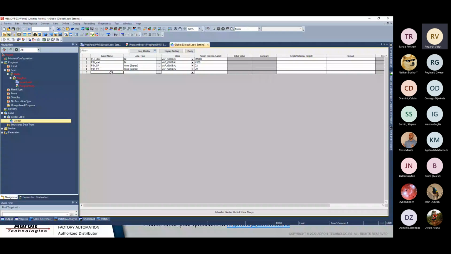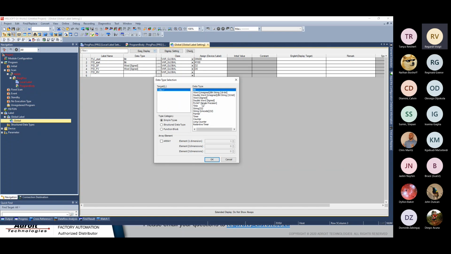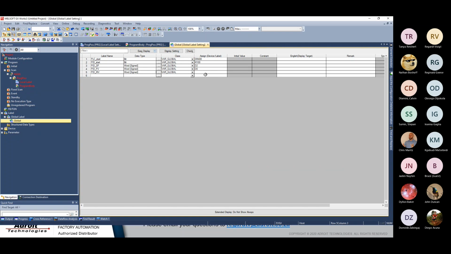And then how is this PLC going to give an output to the VFD or valve or meter or whatever actuator you have? You have to give it an output as well. So MV, manipulated value. And this will be a signed word as well. I'm just going to give it an address here for argument's sake, D4.